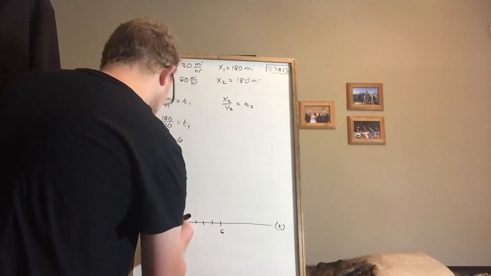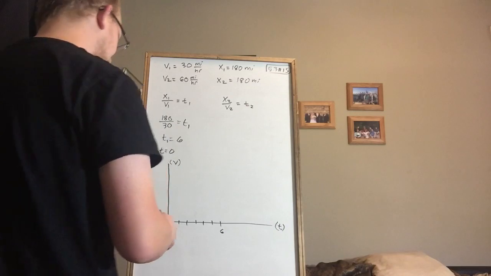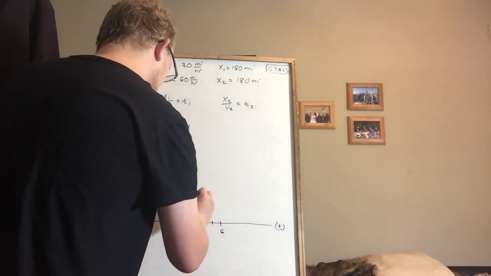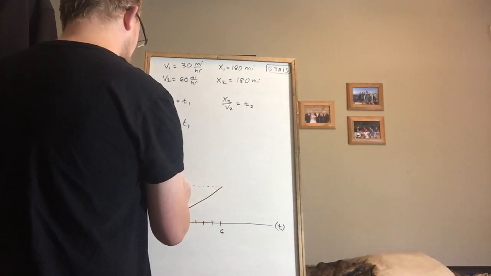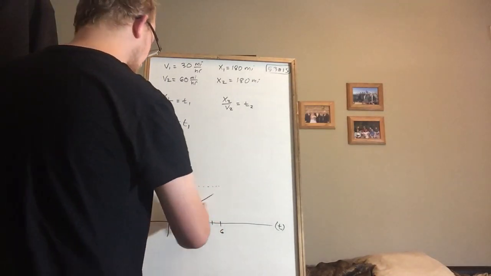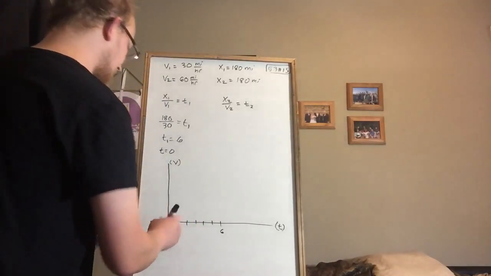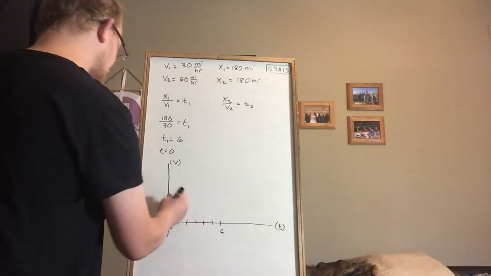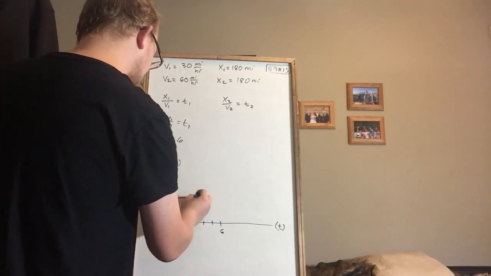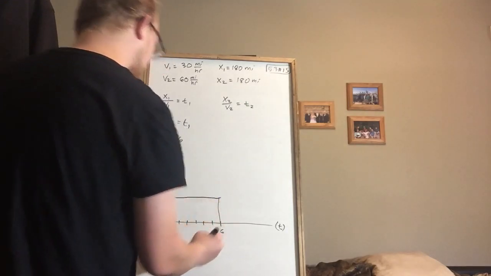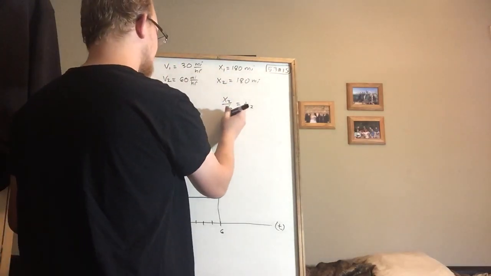So from time equals 0 hours to 6 hours, we were traveling at a constant 30 miles an hour the whole time, all the way across.